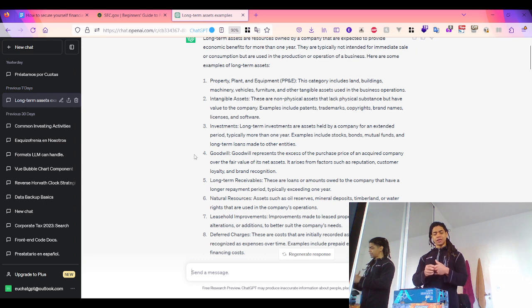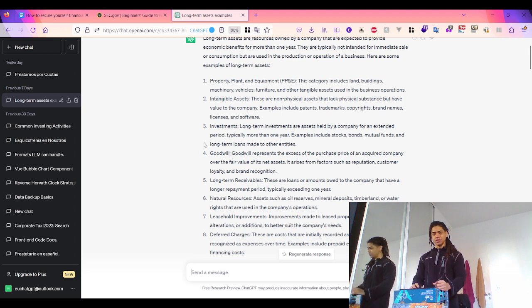These long-term assets are resources that a company owns that are expected to provide value for more than 1 year.